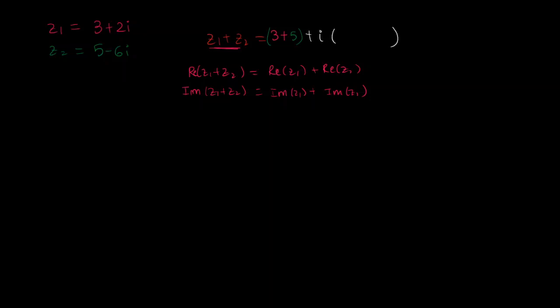From z1 you get the contribution of positive 2, and from z2 you get the contribution of negative 6. Solve for this. 3 plus 5 will be equal to 8, and 2 minus 6 will be equal to negative 4, times i. So the sum of these two complex numbers is equal to 8 minus 4i.